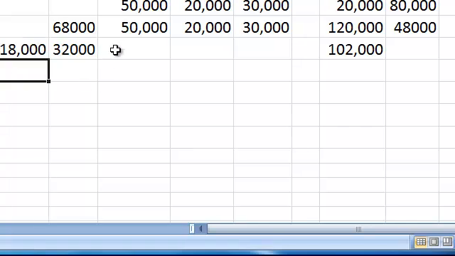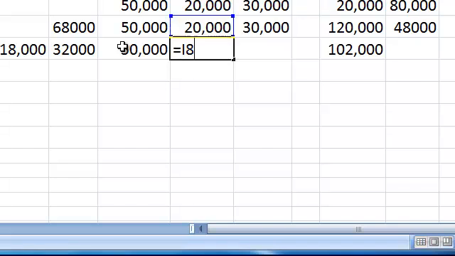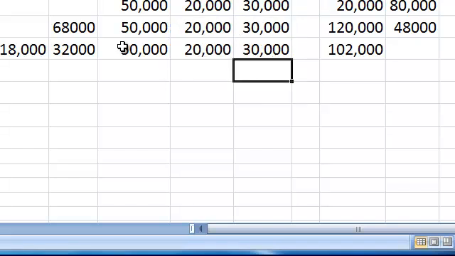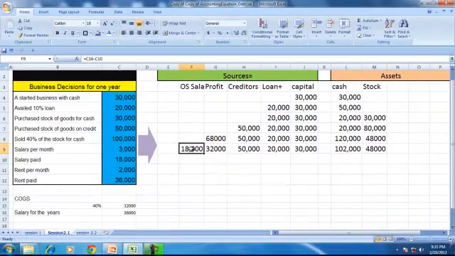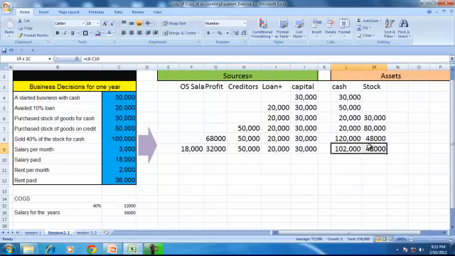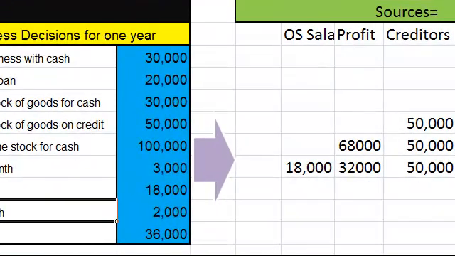No change in the creditor, no change in the loan, no change in the capital, no change in the stock. So the total is 150, and the total is 150. Assets is equal to sources, and the sources here are the capital, loan, creditors, profit, and outstanding salary.